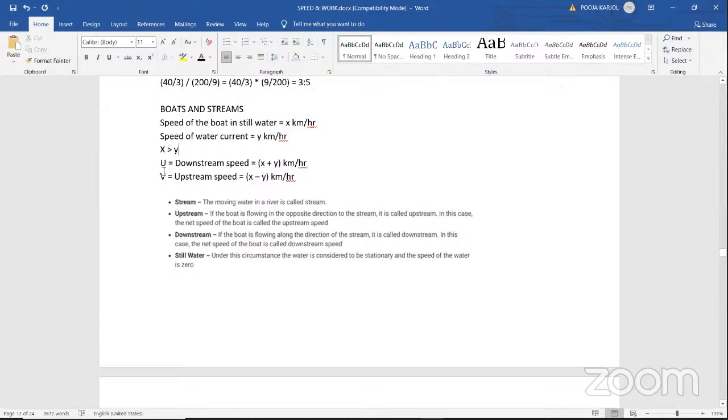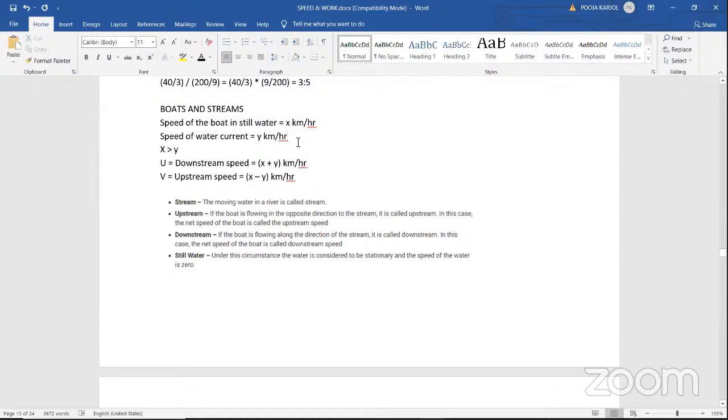Downstream means you're going with the direction of the water, so your speed increases: x plus y. If you're going upstream against the current, it hinders your speed, so it is x minus y. Also, the speed of the boat in still water is always greater than or equal to the speed of the water. Understood this one?